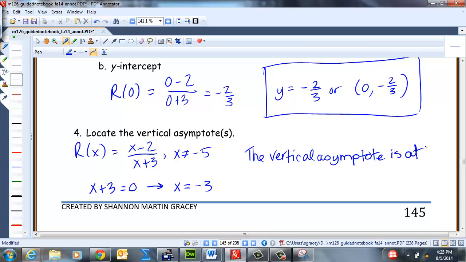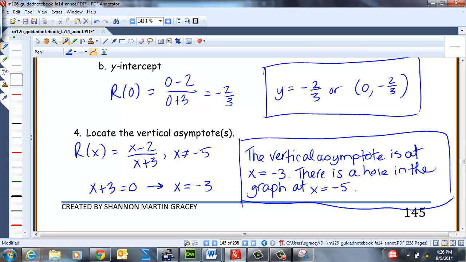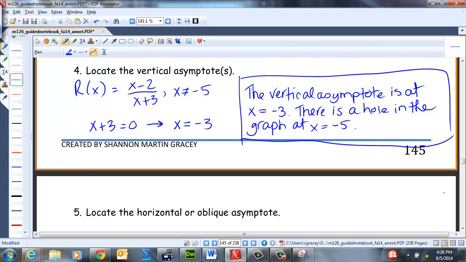And let's just write down what's happening with negative 5. There is a hole in the graph at x equal to negative 5. So you won't get a whole line of excluded values. You'll get a single ordered pair that's excluded at x is negative 5.